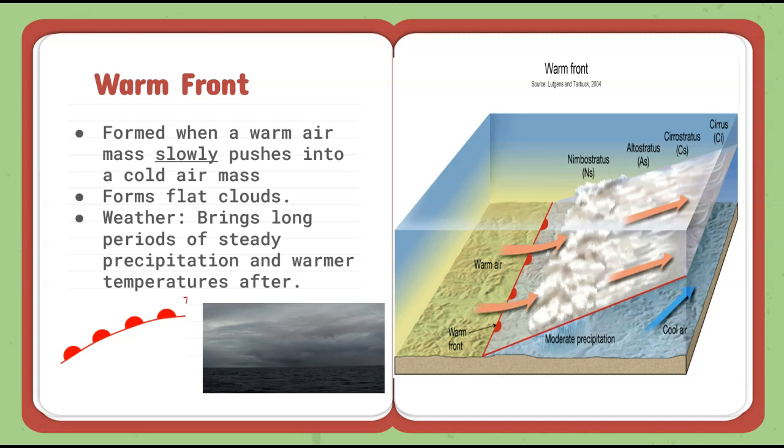You can see here that a warm front is represented on a weather map by red semicircles. Again, they travel in the direction that they are facing, and that would be upwards and slightly to the left. This picture to the right does a wonderful job of demonstrating the warm front.